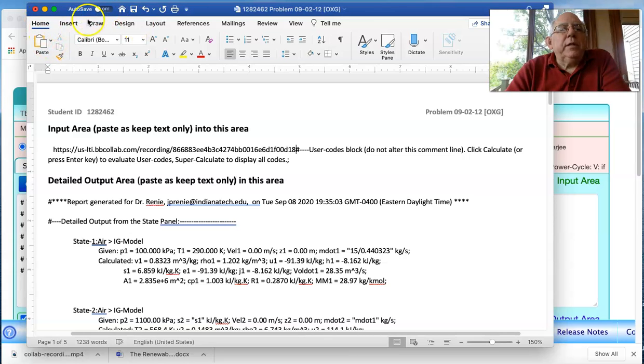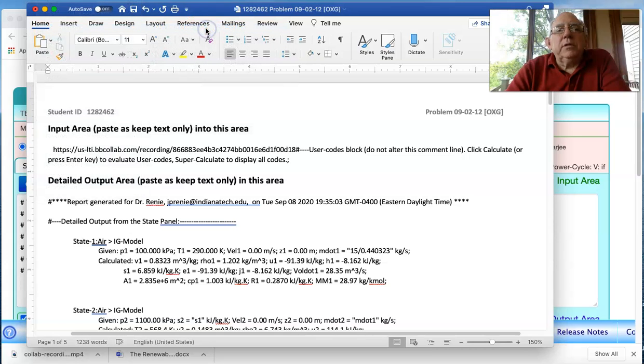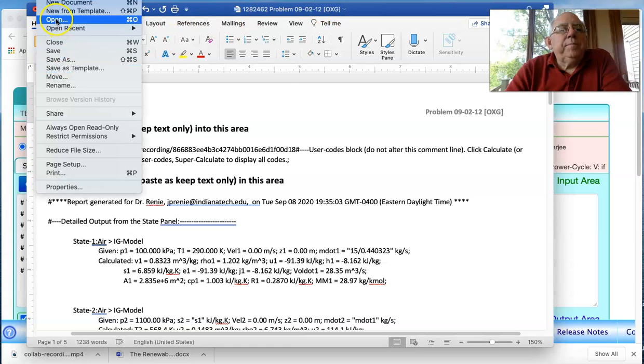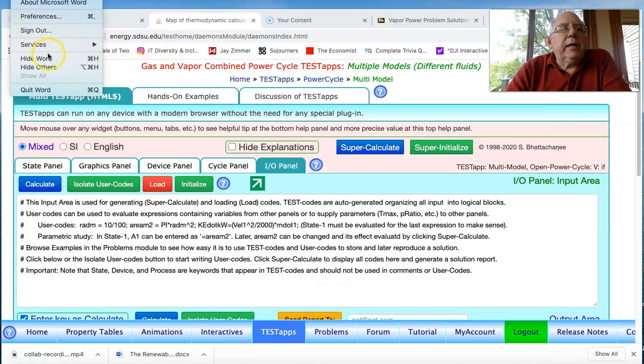Let me reopen this again. File, open recent, this one. Hold on. Close that file, don't save. I'm going to open the file back up.